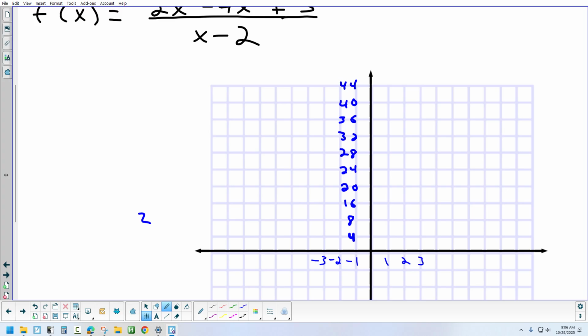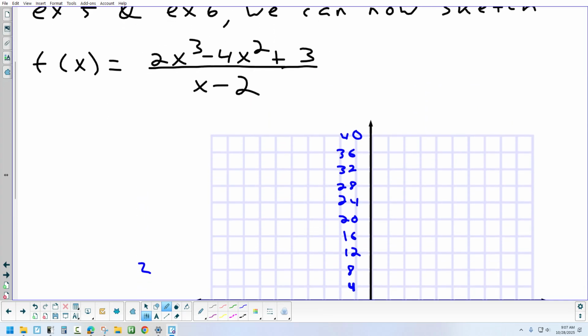Okay. Oh, I skipped 12, didn't I? It's Tuesday. That's all right. 4, 8, 12, 16, 20, 24. There we go. Okay, so that's going to be a little bit better numbering. The x-axis is fine with negative 10 to 10. Go by 1s.